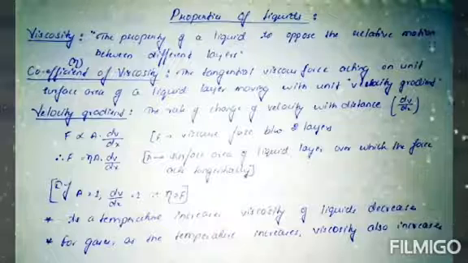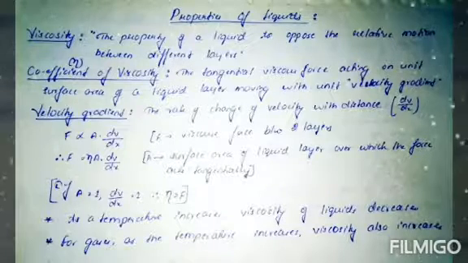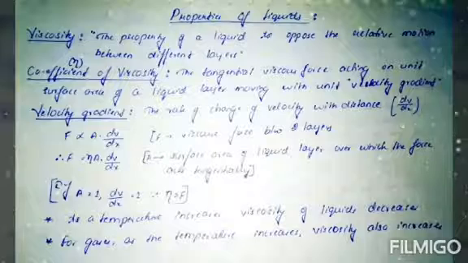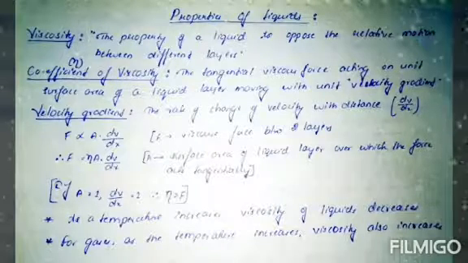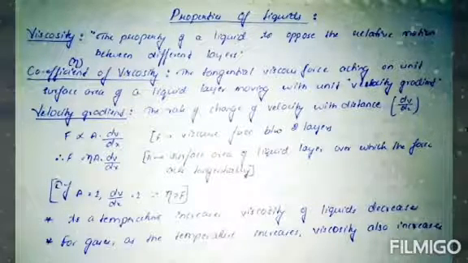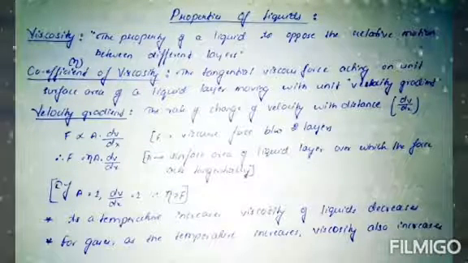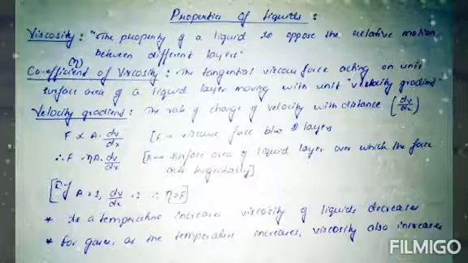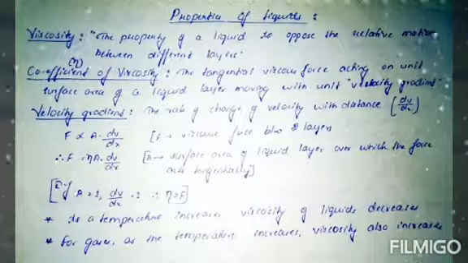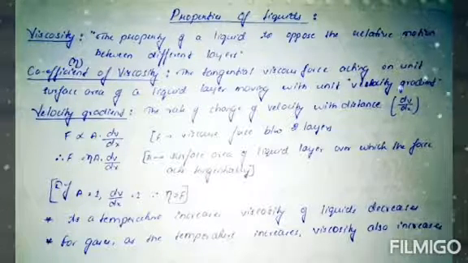Likewise there is friction between the particles of one layer of the liquid and the particles of another layer. That process is called viscosity. Its definition is the property of a liquid to oppose the relative motion between the different layers.